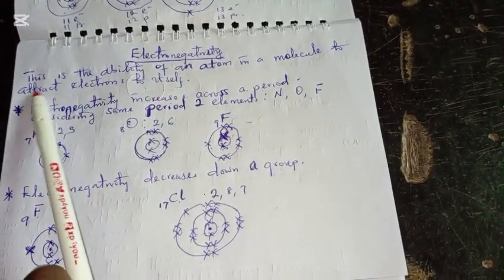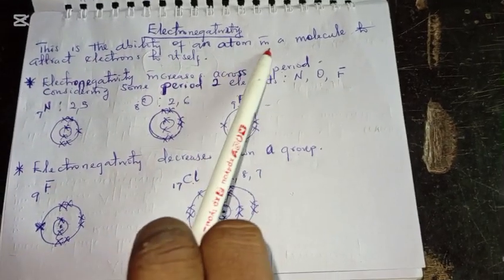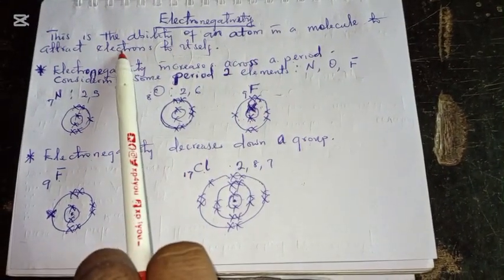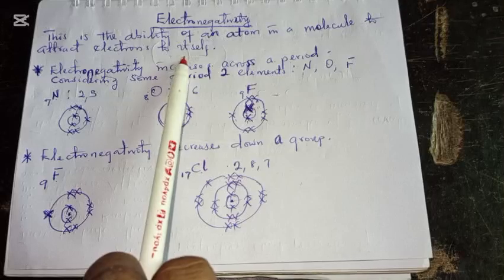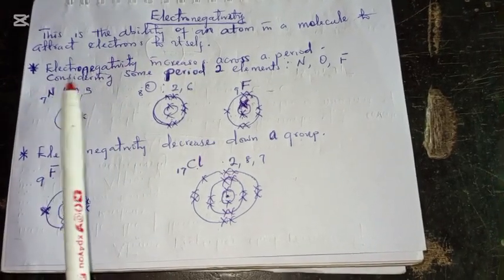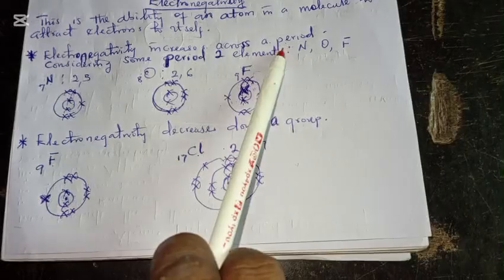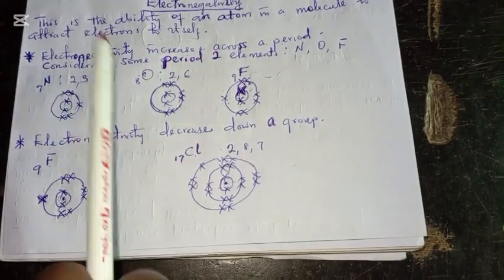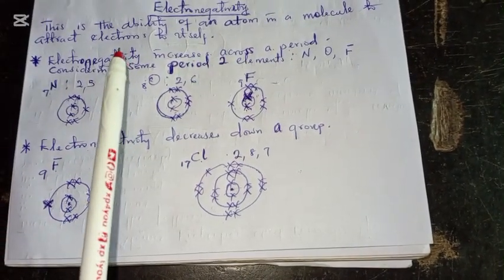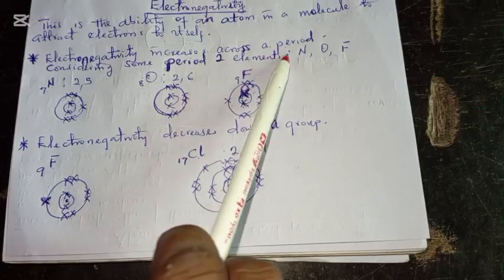Remember that electronegativity is the ability of an atom to attract electrons to itself. And we've established the fact that electronegativity increases across the period. So let us use this to explain why electron affinity decreases across the period.